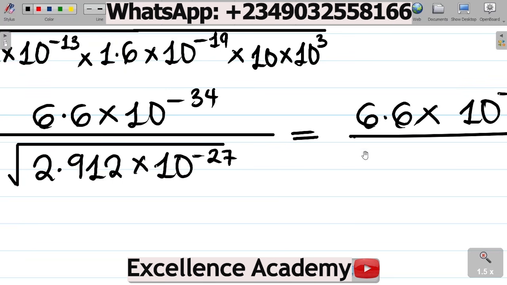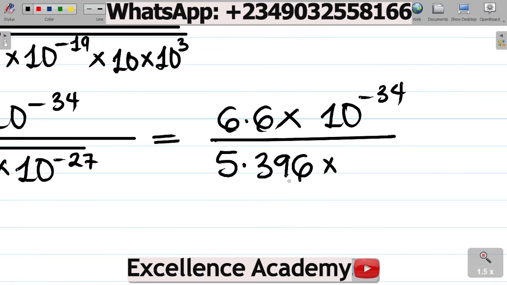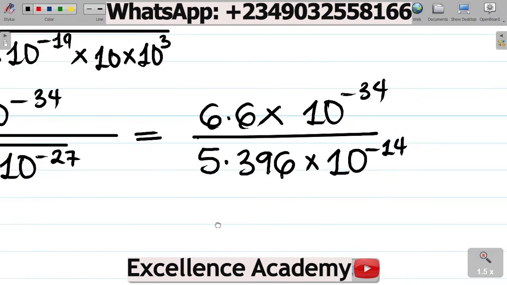The square root there is 5.396 times 10 to power minus 14.